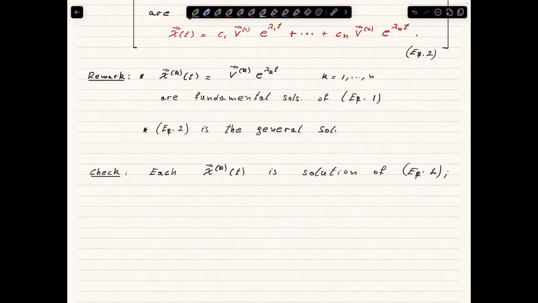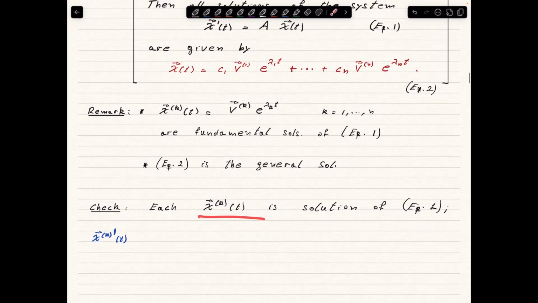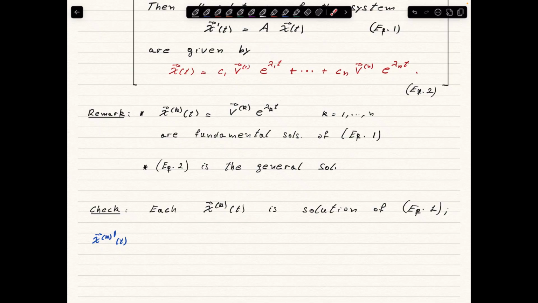So we have the kth function, which is a function of time, and suppose we compute the derivative of that. I want to see that this function is a solution of this equation. So I'm going to compute the left side of the equation, the derivative. Then I'm going to compute the right side, the A acting on that, and then I'm going to check that they are exactly the same.